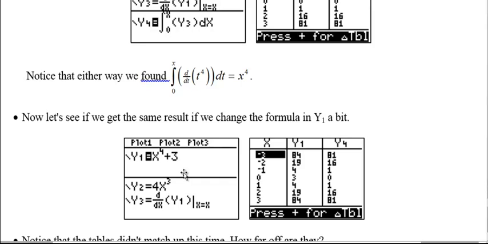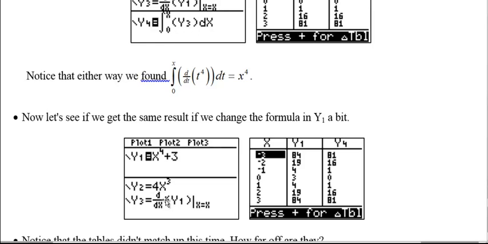Now, let's keep going with this a minute. We're not done yet. So change the formula. What if we change the formula to x to the fourth plus 3? The derivative is still 4x cubed, and that still checks out. But then I do y4, which was, remember, the integral of y3.